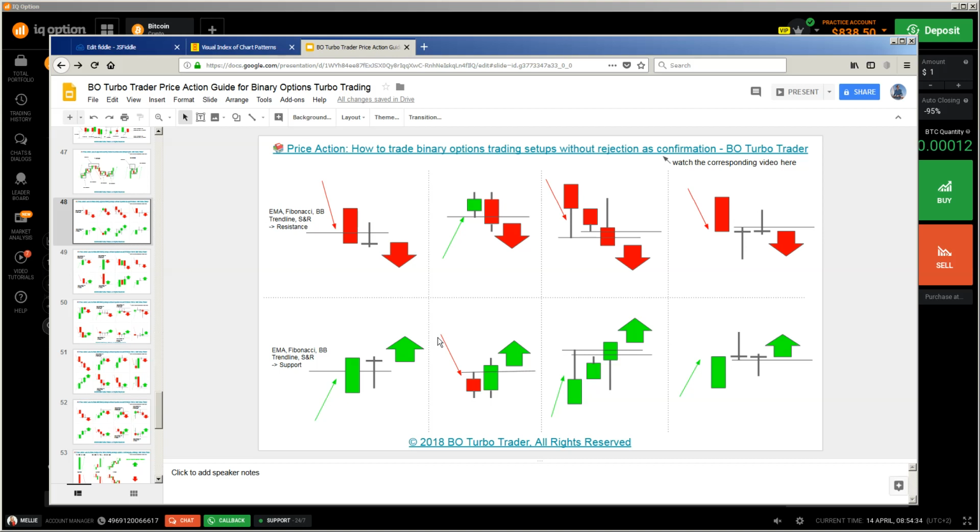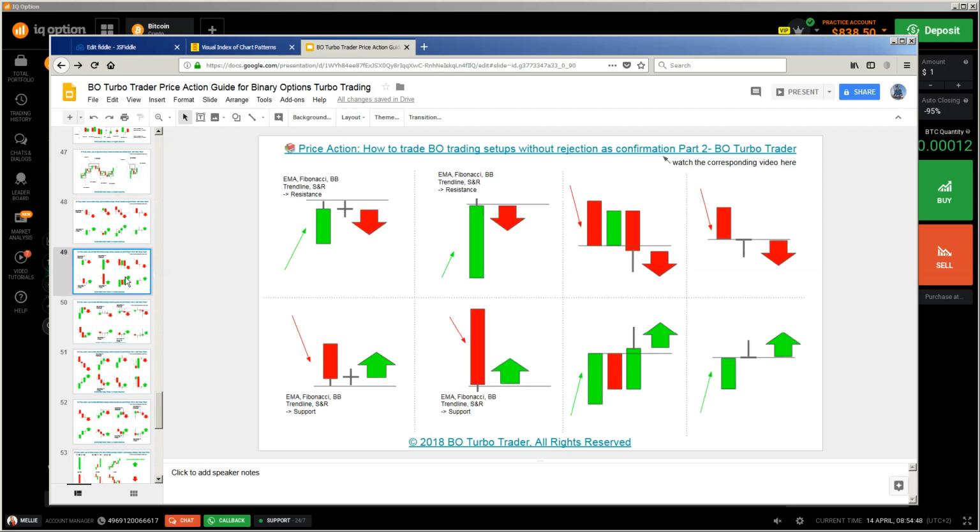So let me see if I can show you now some trades based on those things. First of all I have to show something else, for example this example, because I have seen the same scenario in the Facebook group. Somebody posted an image of this kind of setup, and it didn't work for him, because he was no longer in a strong trend.